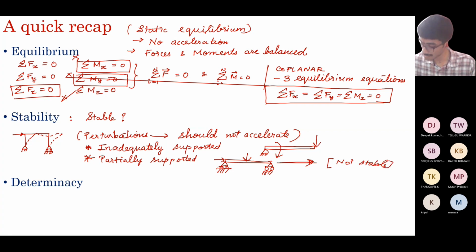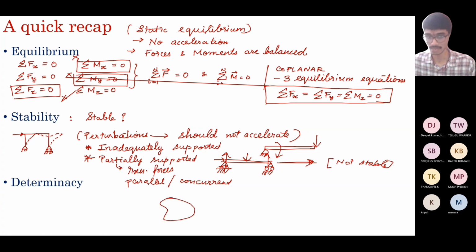The reason here is the reaction forces are parallel. So this happens when reaction forces are parallel or concurrent. So if you have a structure, could be anything, if you find that all the reaction forces on that structure are parallel, then it will obviously accelerate in the direction orthogonal to this direction. So if you have parallel reaction forces, it is going to be unstable.